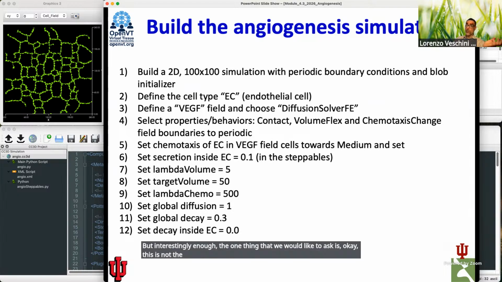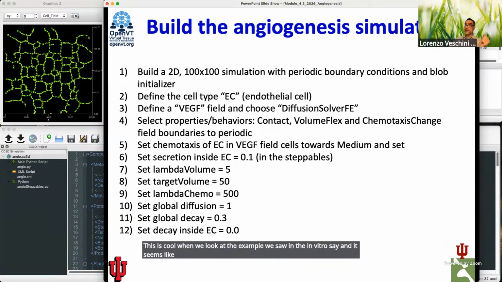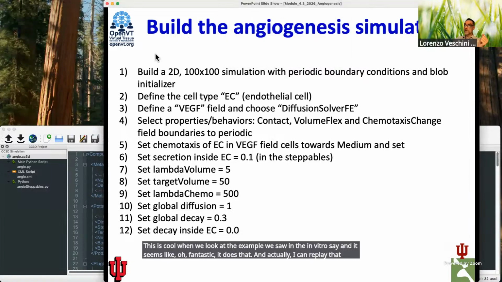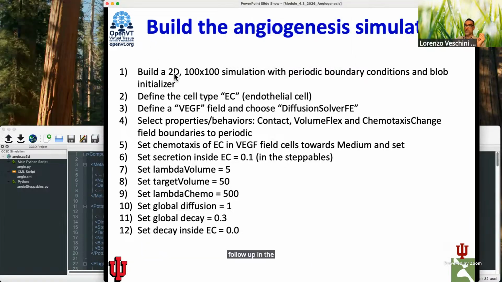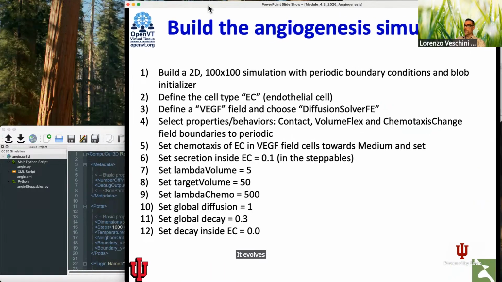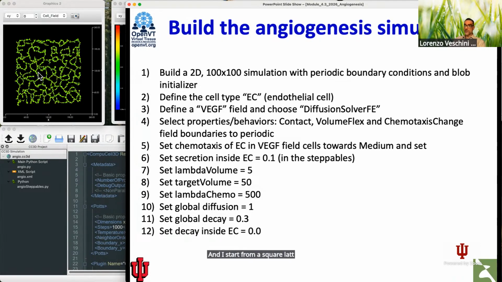But interestingly enough, this is cool when we look at the example we saw in the in vitro assay, and it seems like, oh, fantastic, it does that. Actually I can replay that, in the interest of all, if you want to see how it evolves. I start from a square lattice like this with a few cells.